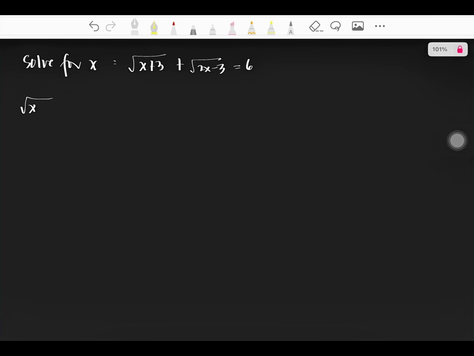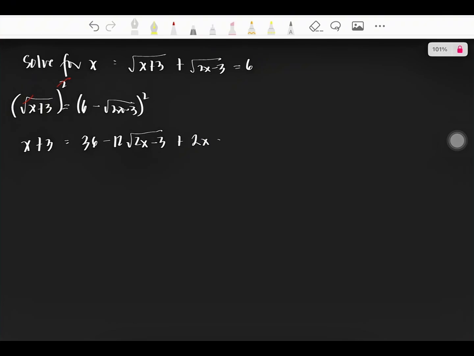First, let's transpose square root of 2x minus 3 to the other side. So now we have square root of x plus 3 is equal to 6 minus square root of 2x minus 3. Now let's square both sides to cancel the first square root, which gives us x plus 3 is equal to (6 minus square root of 2x minus 3) squared, or 36 minus 12 square root of 2x minus 3 plus 2x minus 3.